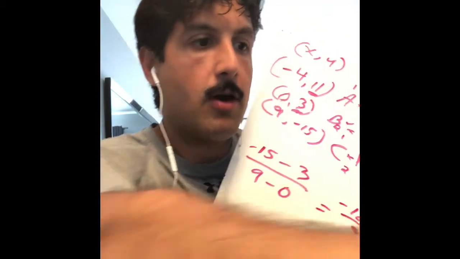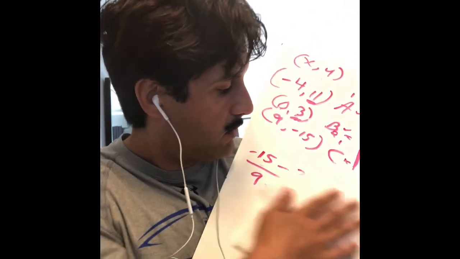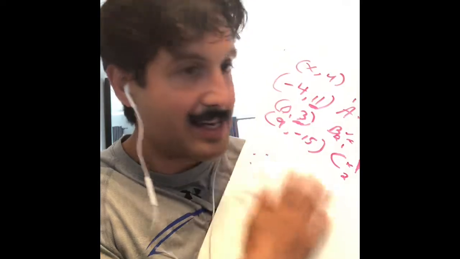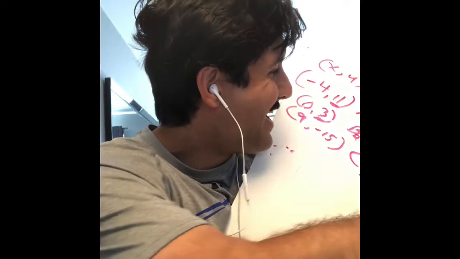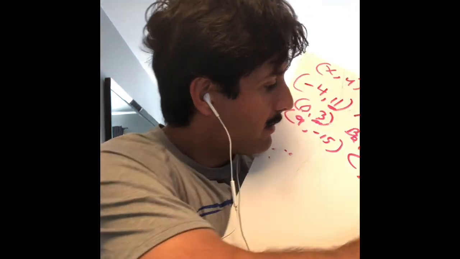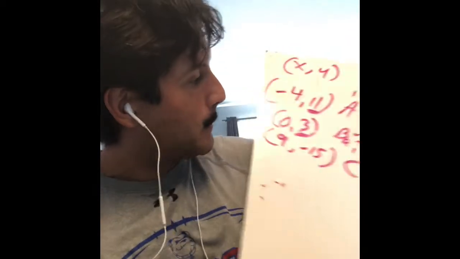But let's just, for argument's sake, try AC. So I want to go A to C. Well, I'm going to call C point 2. So that's going to be, again, negative 15 minus the A point was 11.